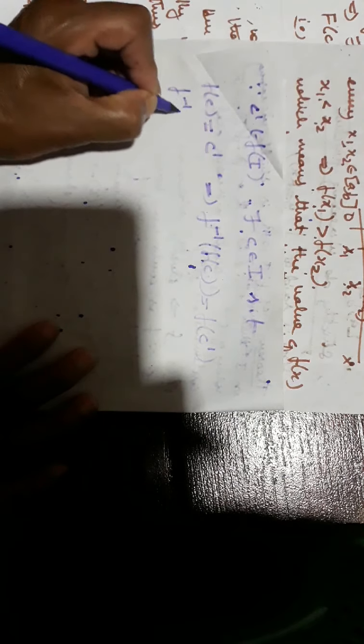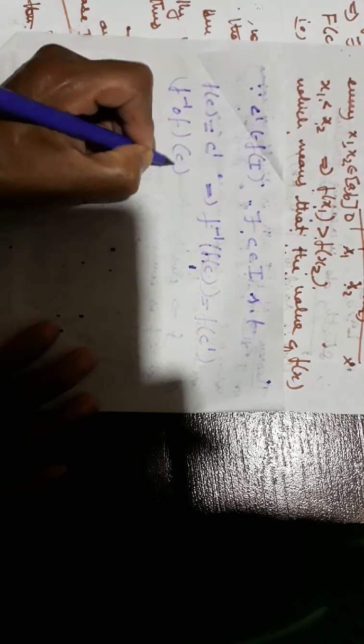Applying f inverse composite f to c gives you the identity function on c, so c is equal to f inverse of c prime.